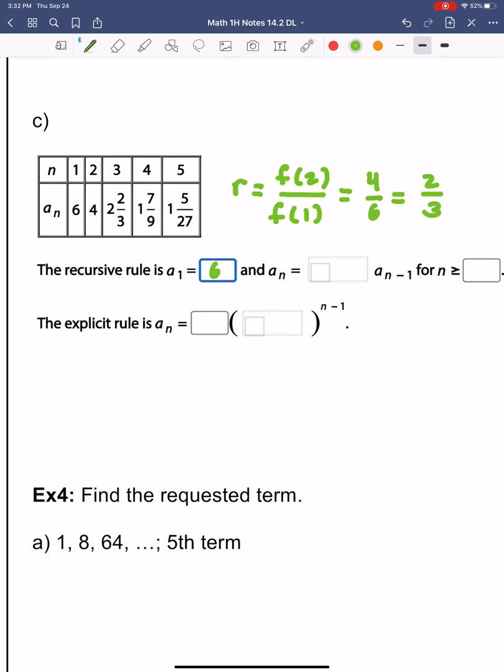And then we have an equals r times an minus 1. So r is 2/3, that's what we just found. And this is for n is greater than or equal to 2. And then to the explicit rule, a, initial value, that's 6, r, common ratio, that's 2/3. And we've got those two pieces, and we're good to go.